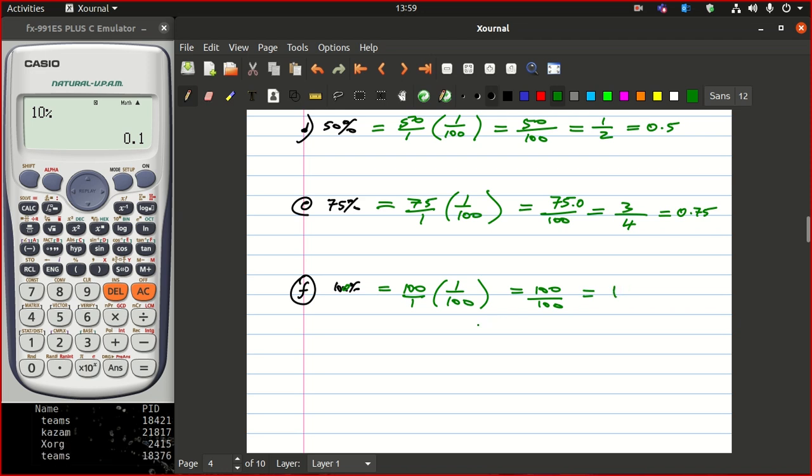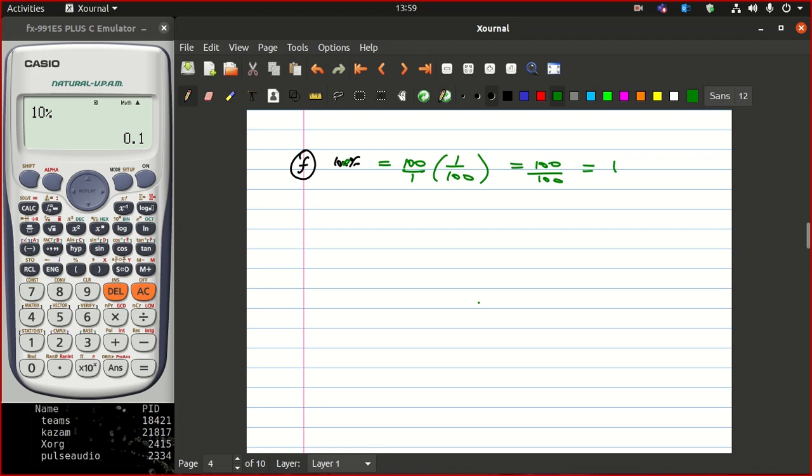So that is what is important in number F, because I want you to note something here: 1%, we said, is equal to 1 over 100. And also I want you to note that 1 is equal to 100%.